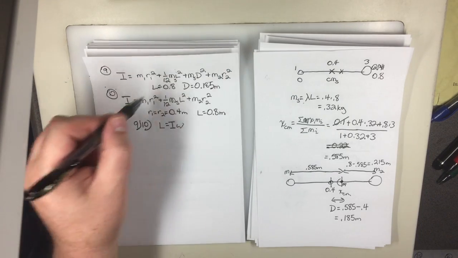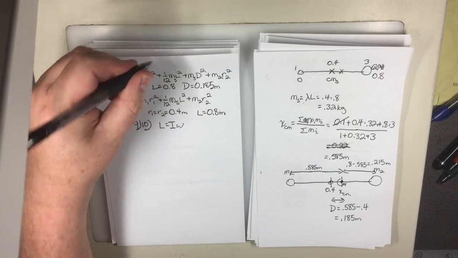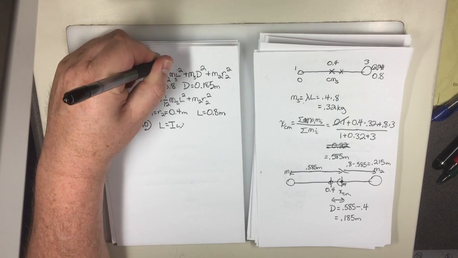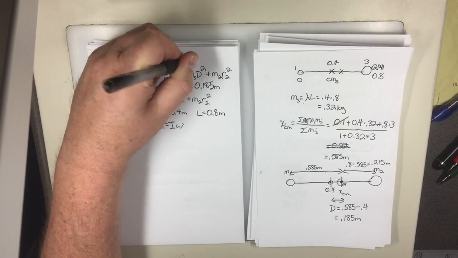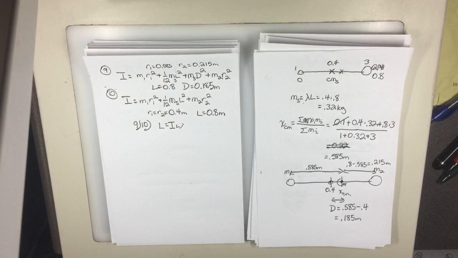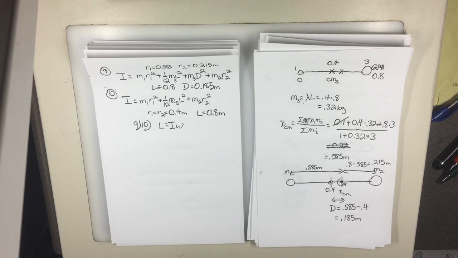Now, these R's are not those R's. These R's are R1 is equal to 0.585 and R2 is equal to 0.215. And so those are the values that you plug in. And then L is the uniform I omega. Yes? What does lambda represent again?